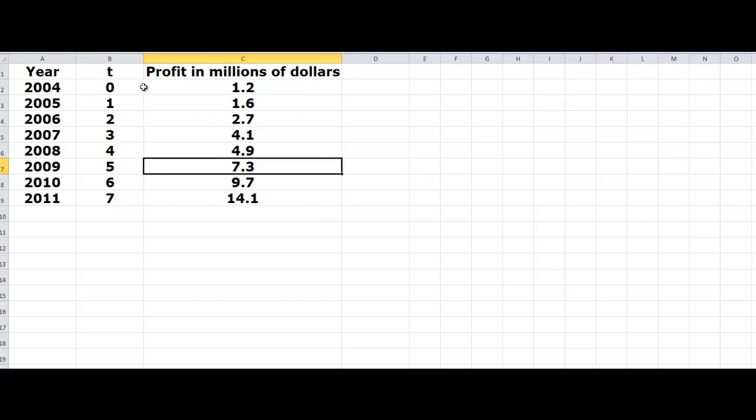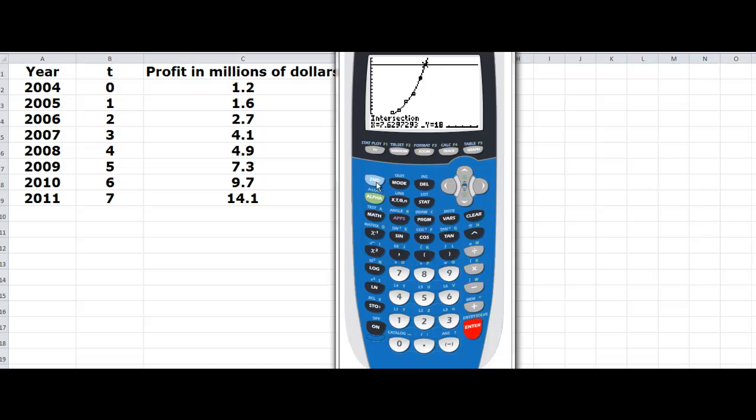And for the sake of convenience, we are taking the years t as the number of years since 2004. So this corresponds to t equals 0, this corresponds to t equals 1, and likewise 2011 corresponds to t equals 7.